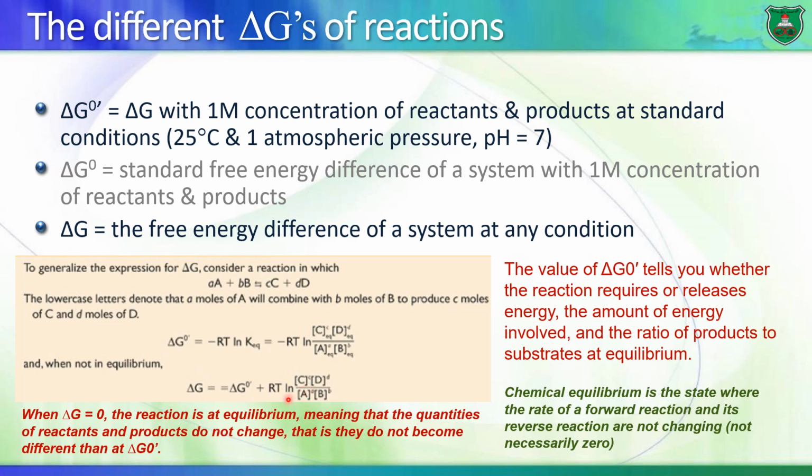So whenever this value right here is equal to this value right here, it means that delta G would be equal to 0. Now, pay attention to the charge as well, and we will talk about the charge right now, how it changes.